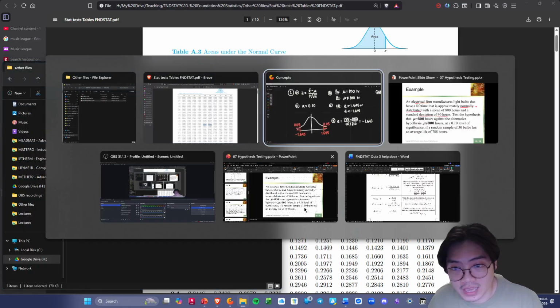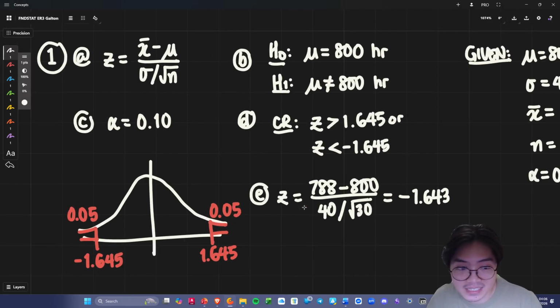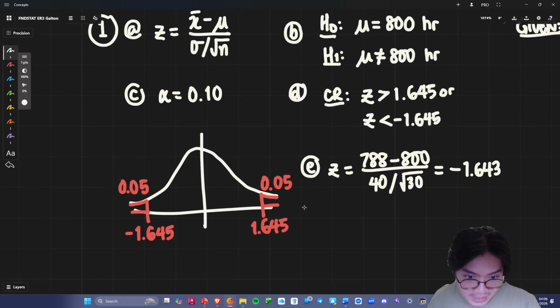Is there any way we can ascertain for sure if this really is inside or out? Currently, based on our very crude average, this will not be enough for us to reject the null hypothesis, because negative 1.643 is just a little bit to the right of that critical region.